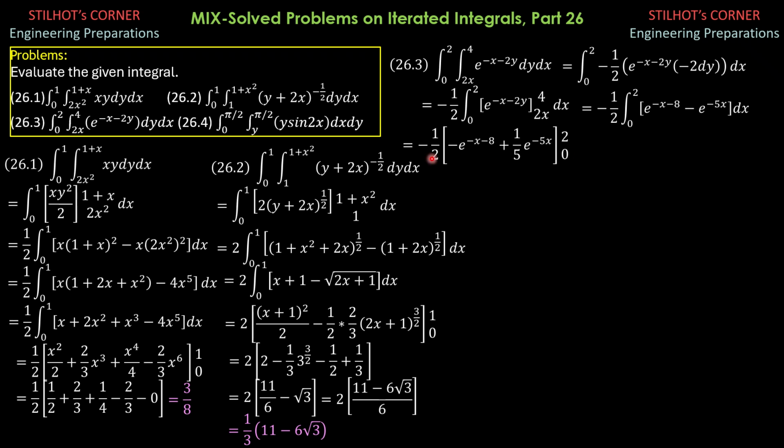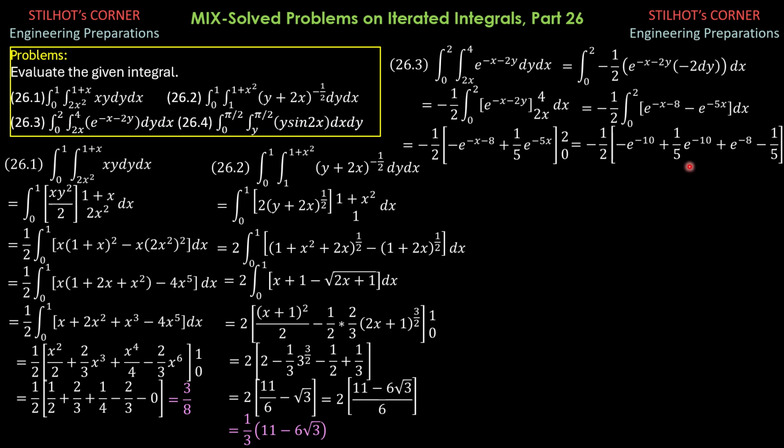So this is negative 1/2 quantity negative e to the negative 10 plus 1/5 e to the negative 10 at the upper limit, minus negative, so plus e to the negative 8, then minus 1/5 e to the 0. 1/5 e to the 0 is 1/5, so that's minus 1/5 at the lower limit.